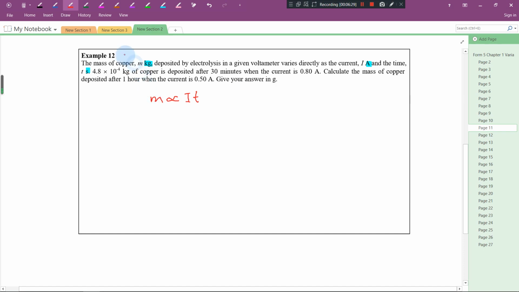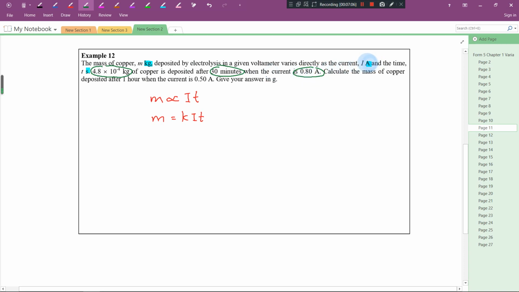Okay, so first I write it in equation form. M equal to KIT. So the M is in units of kilogram, this is ampere, this is second. Okay, so now I'm going to use all this given information, plug it into this equation and help me to get the value of K. But what you have to be more careful about is kilogram, no problem.